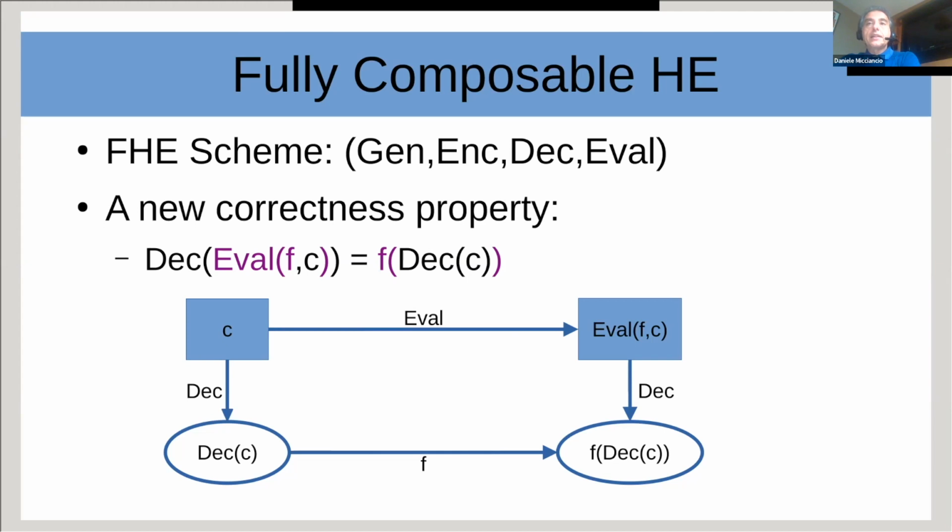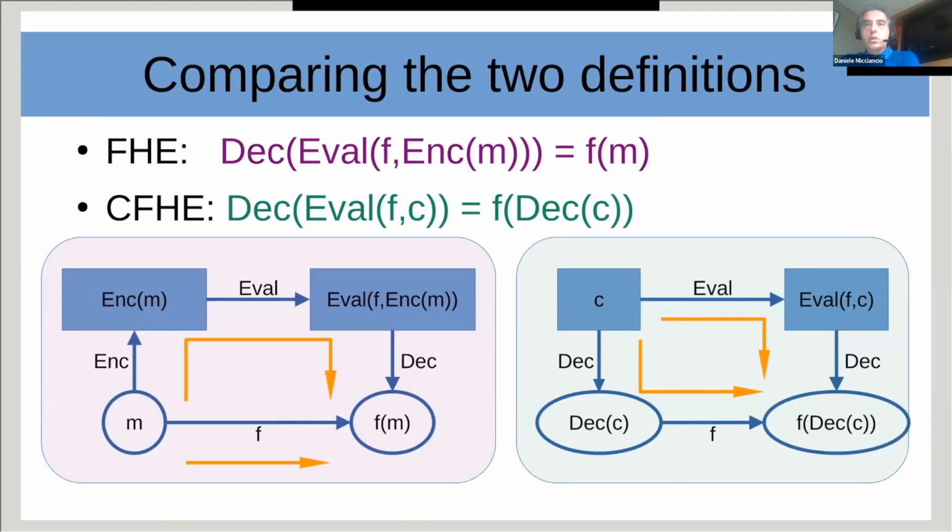Now, this is a different definition from what is typically given. So let's compare these side by side. In the traditional definition, we start from a message and we encrypt, evaluate, and decrypt. And this should give the remaining edge in this commutative square.